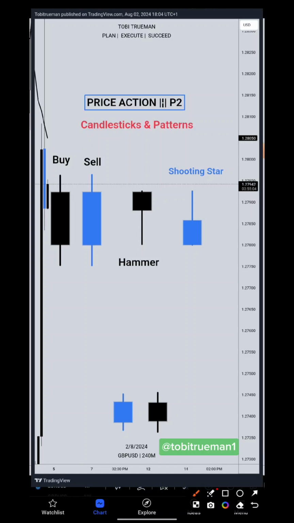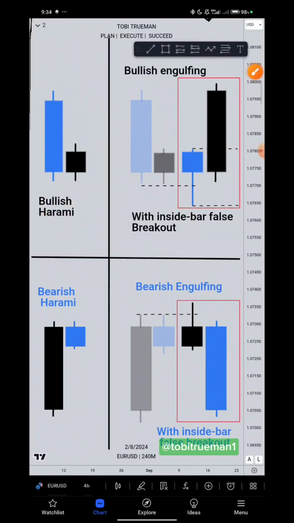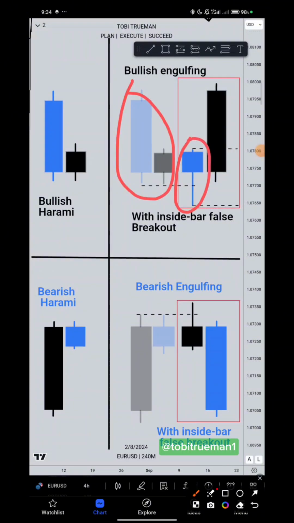A hammer usually happens in a downtrend, and when it happens in a downtrend, we want to see price continue to go up, making an uptrend, right? That is okay. Now the other thing here is this bullish Harami, the hammer took it out.